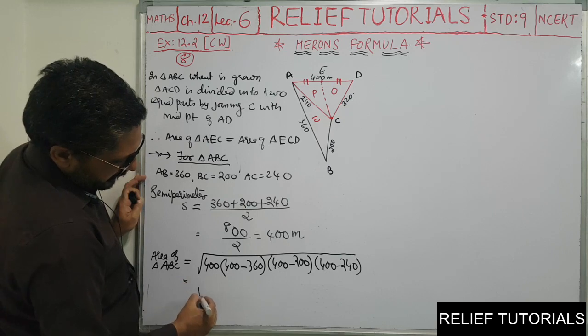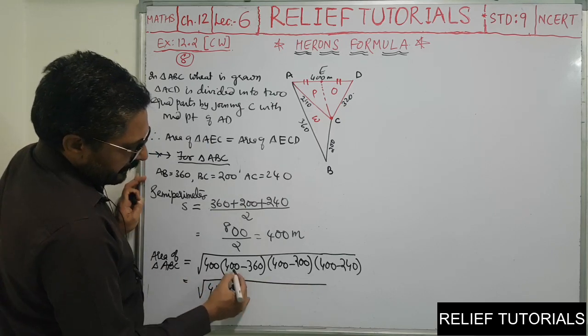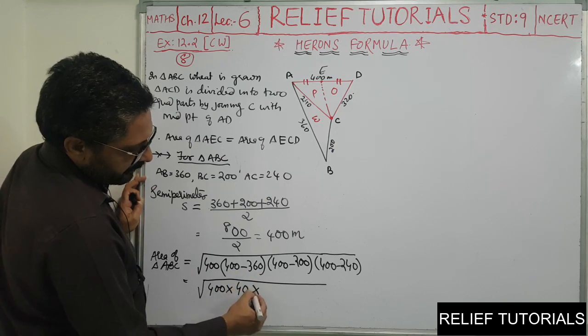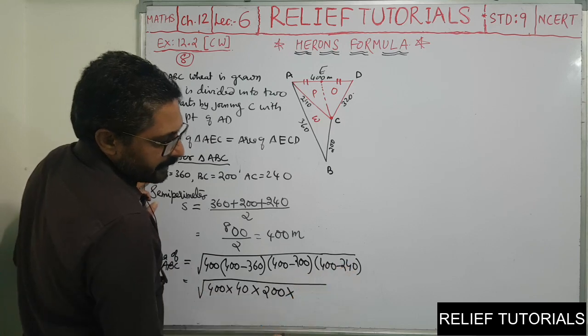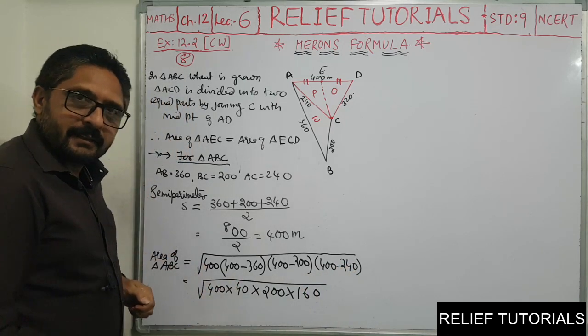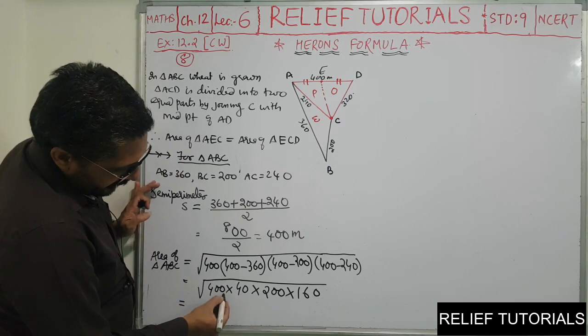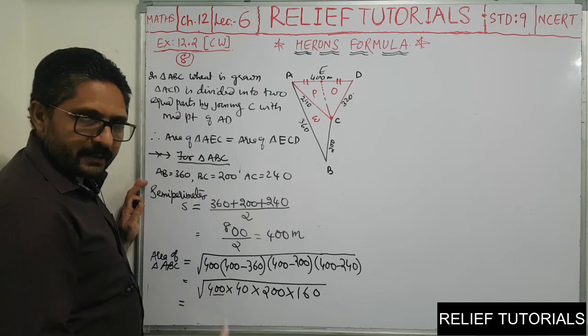So here what we will get? 400 minus 360 is 40, 400 minus 200 is 200, 400 minus 240 is 160. So the numbers are quite big. Here 400 is a perfect square. Root 400 is 20, so we will not disturb this.